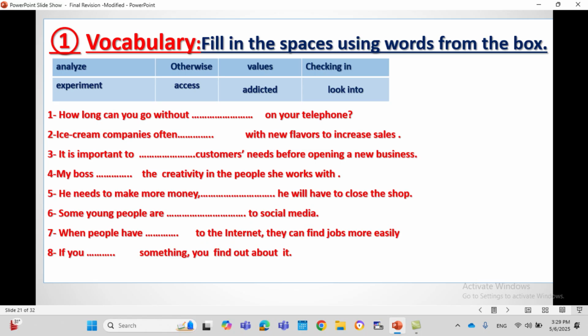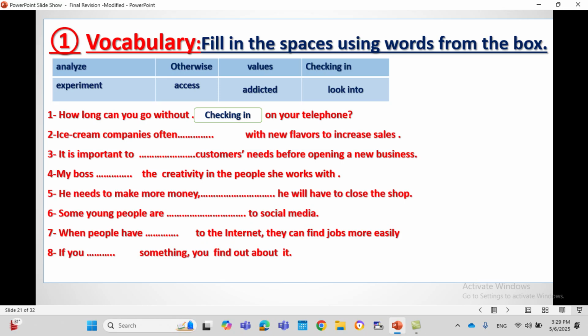Okay, so how long can you go without? You can use either a noun or a gerund, and the right word is checking in on your telephone. How long can you stay without logging into one of your accounts on the internet or being online on one of your accounts? Okay, let's come to number two.